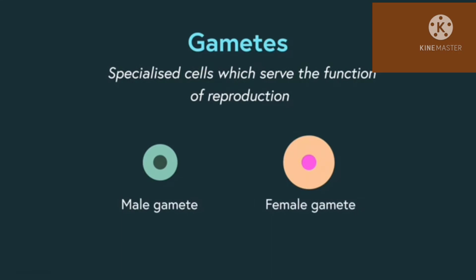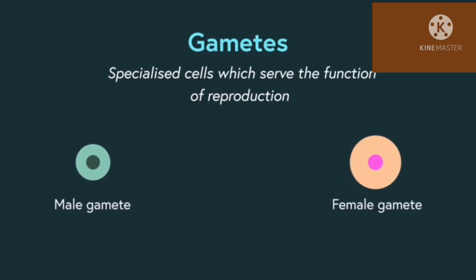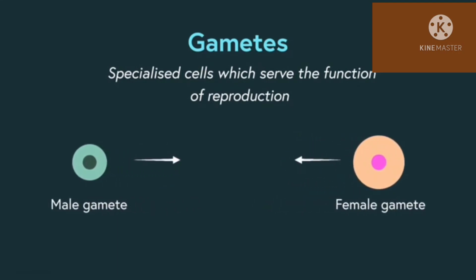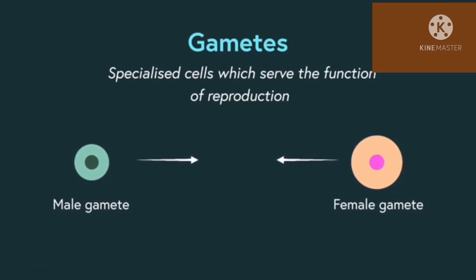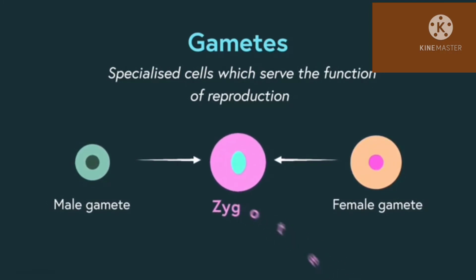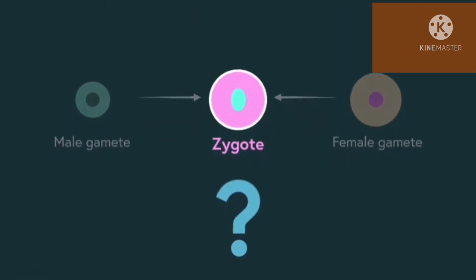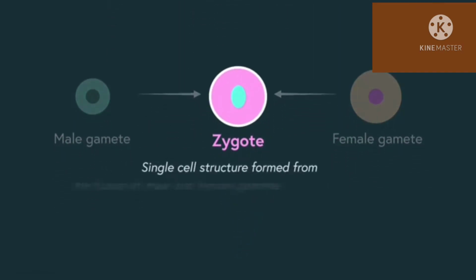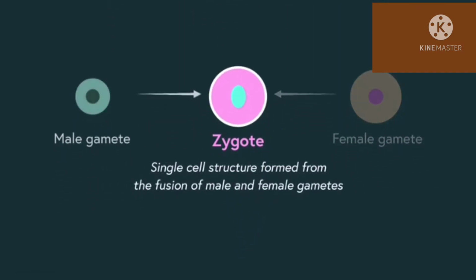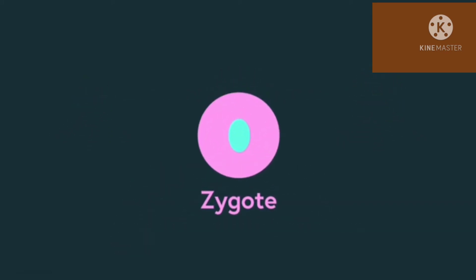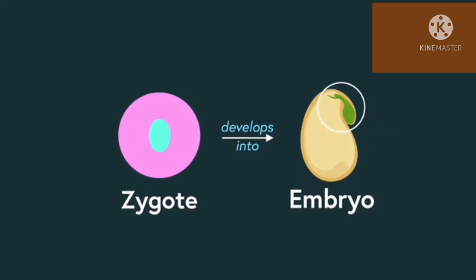See, this is the male gamete and the female gamete, and they are going to fuse together, and what they produce is the zygote. So what is a zygote? A zygote is a single-cell structure formed from the fusion of male and female gametes.